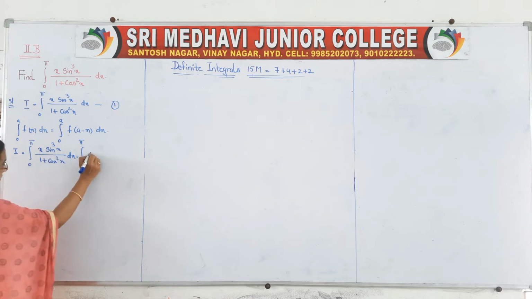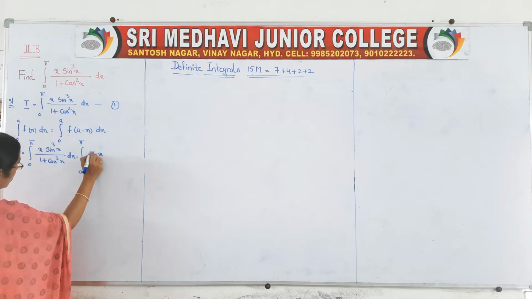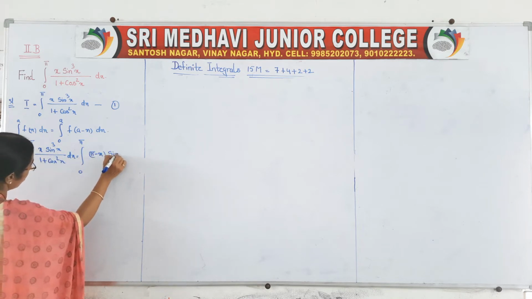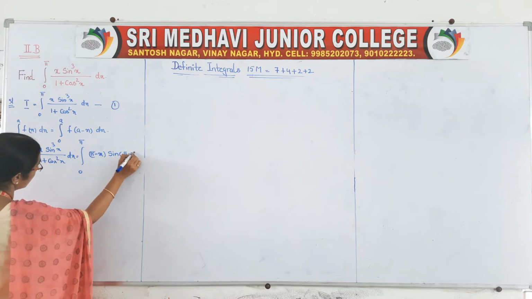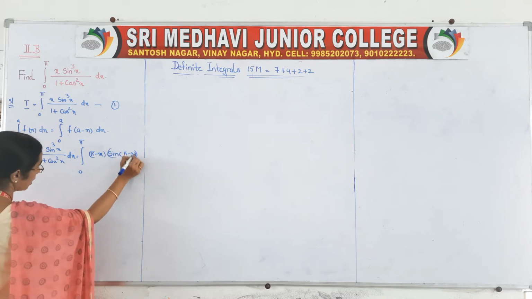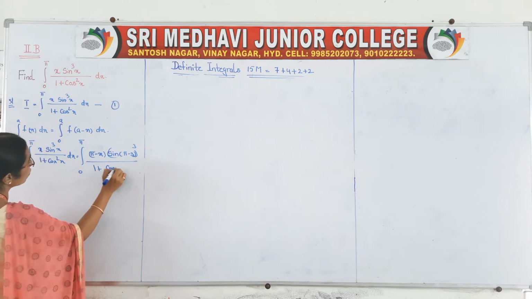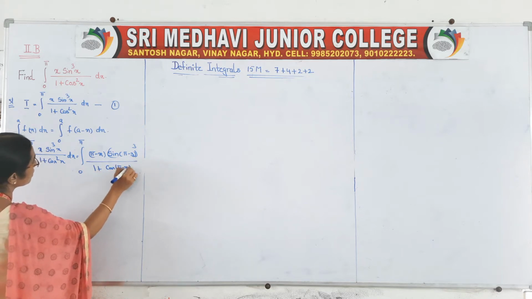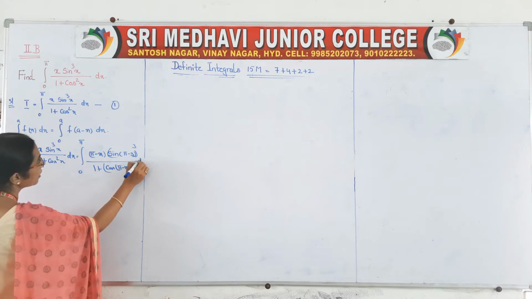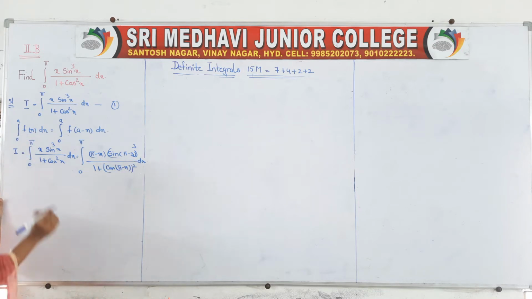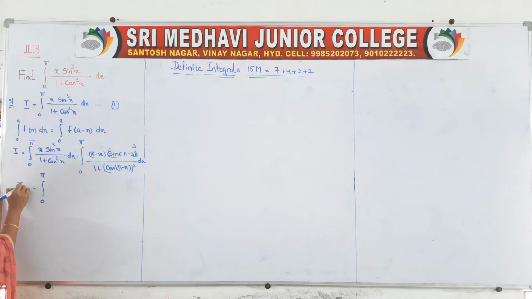In x place pi minus x we have to take, same, sine of pi minus x whole cube by 1 plus cos of pi minus x whole square into dx. Which value are we finding? I value.